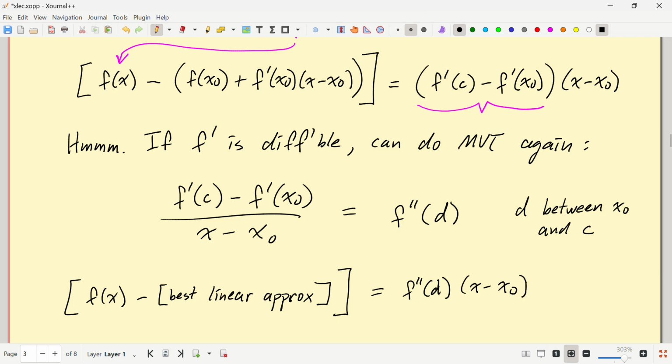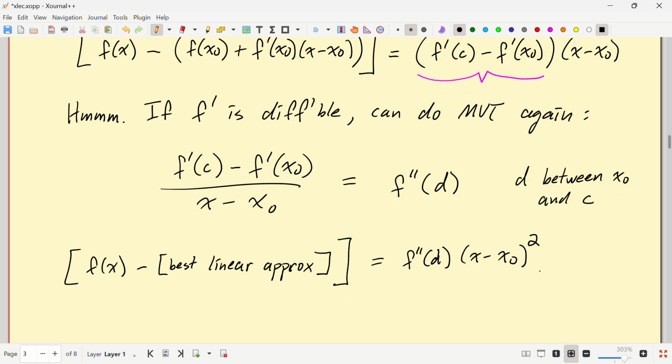That squared is exciting. And so if that second derivative is bounded, when I subtract off the best linear approximation, I get something that vanishes to order 2.